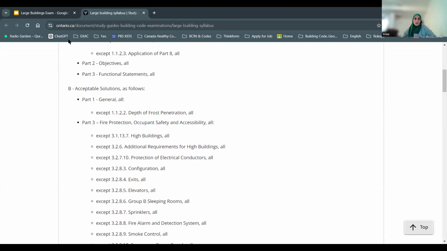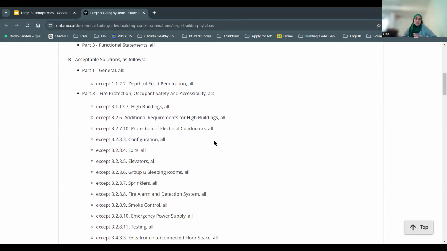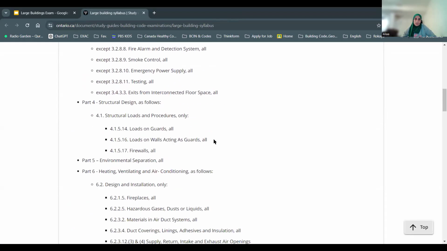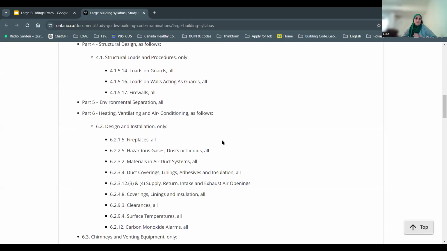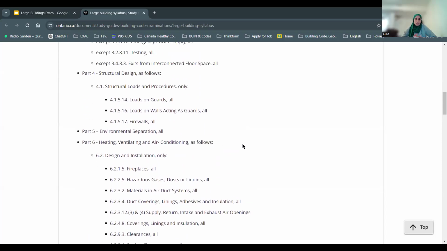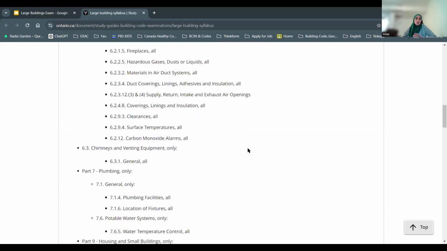You can find some parts from Division A, but mainly the large building exam focuses on Part 3, except high buildings and some small sections, and Part 4, general structural design, Part 5, environmental separation, which talks about air and vapour barriers, and Part 6, heating, ventilation, and air conditioning.